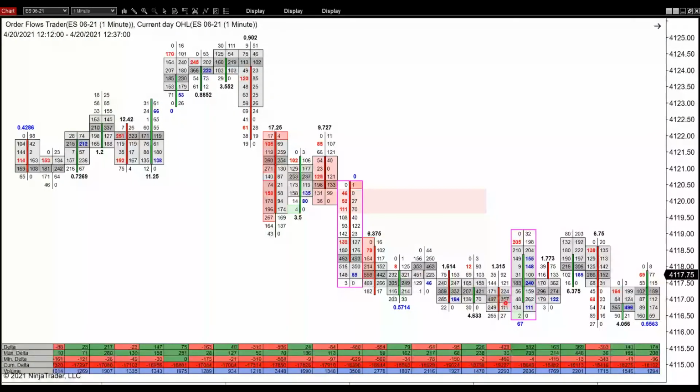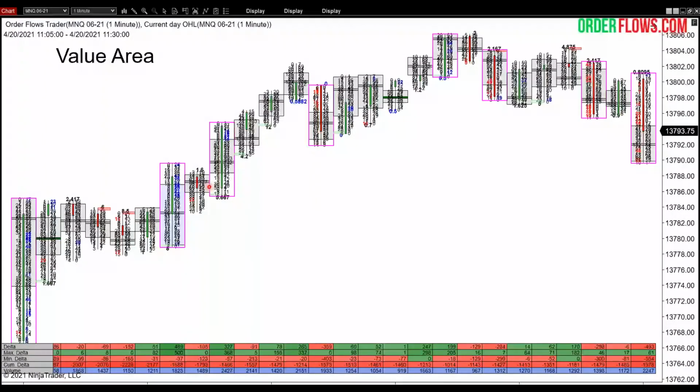You can get short, to take advantage of this move down. Again, every bar has a value area, but some value areas are going to be more bullish or bearish than others. And having software that's going to highlight that to you is going to put you ahead of everybody else. You can see those blue color value areas are very bullish.